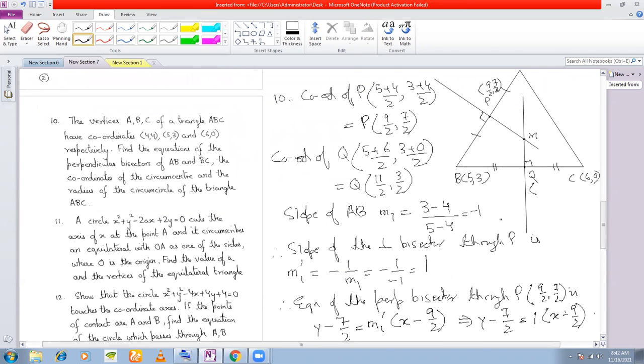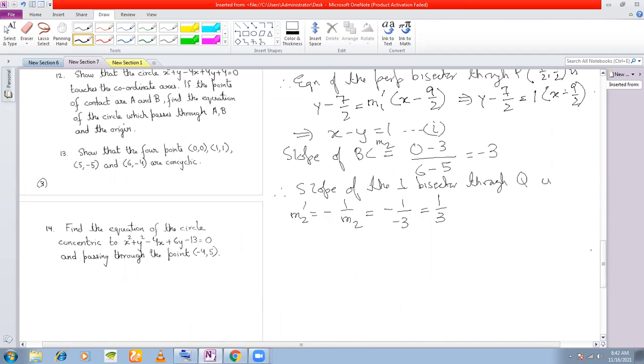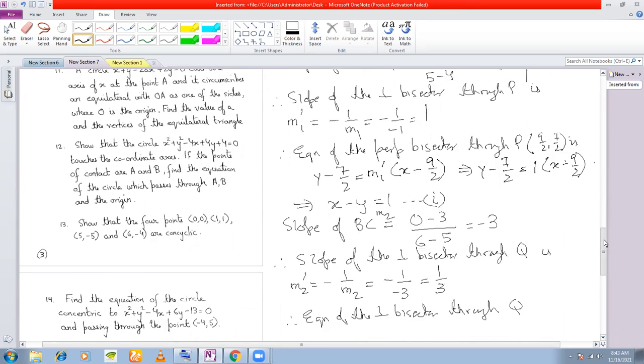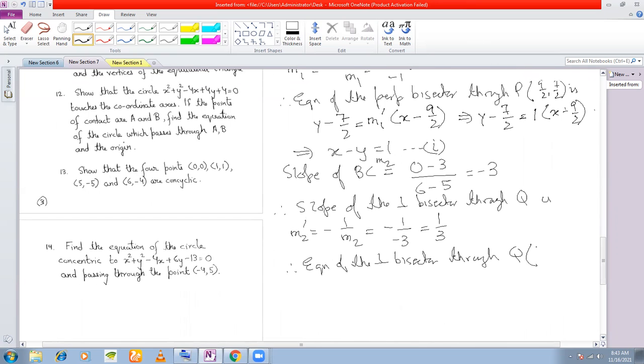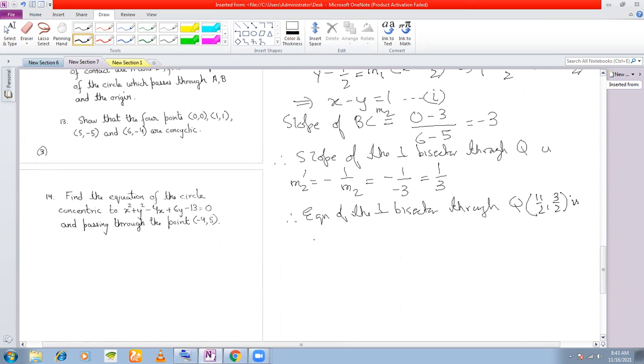And what are the coordinates of Q we have calculated here? 11 by 2, 3 by 2. Hence, the equation of the perpendicular bisector through the other point Q, again we use the point slope form, y minus y1 is equal to m2 dashed into x minus x1.